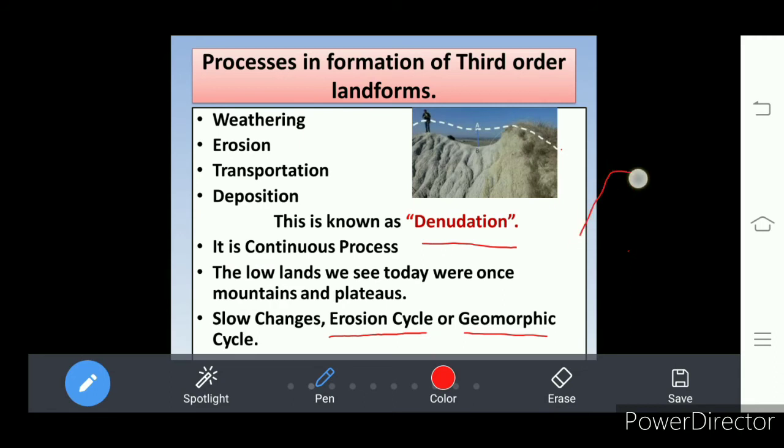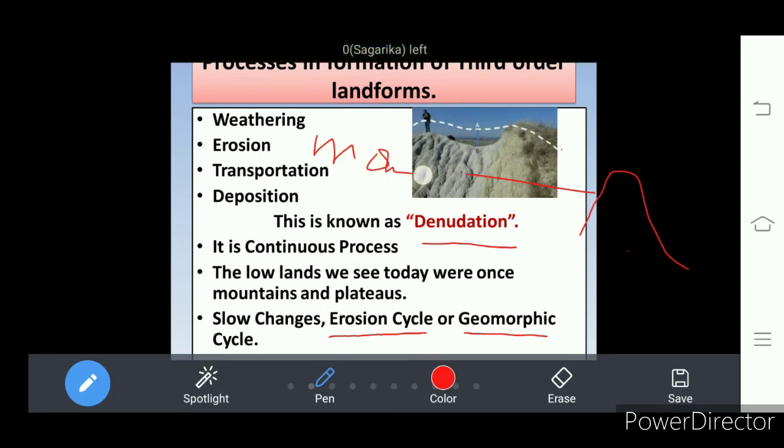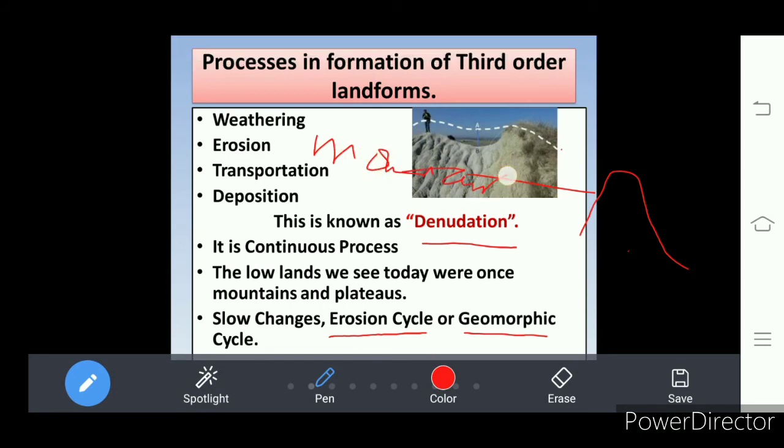Look at here. What do you see? It is a mountain. What I drew here? A mountain. And this mountain is weathered out, then eroded, transported, and deposited. Continuously, the wind and water, that is rain, falling on the mountain will go on working on it. Some kind of friction takes place on the mountain.